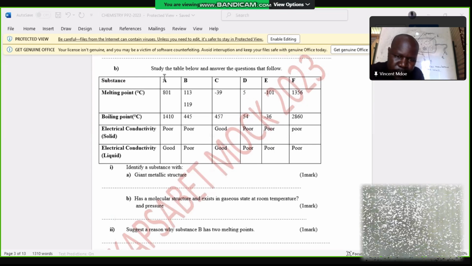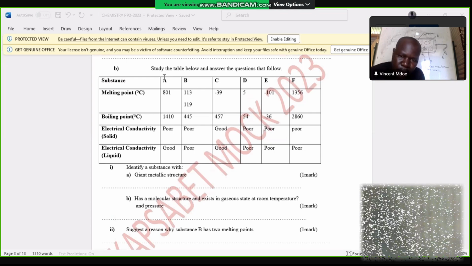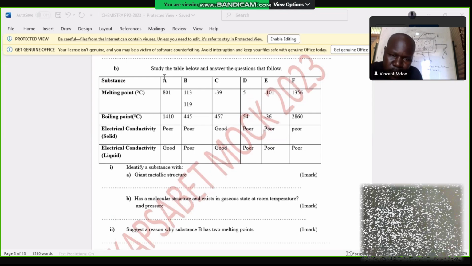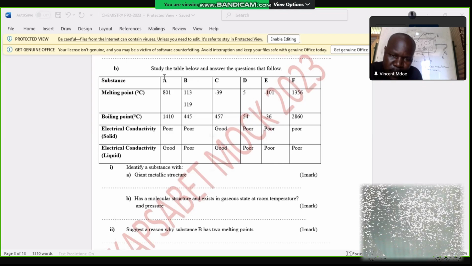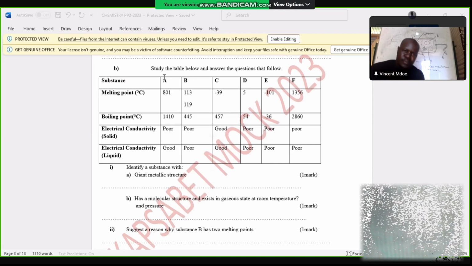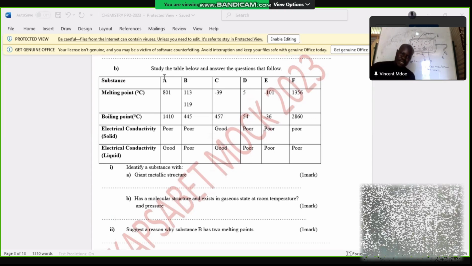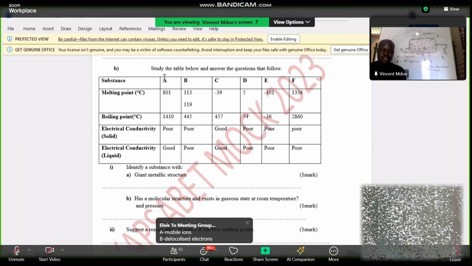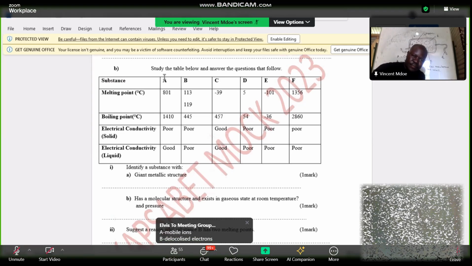Good. Sean Frederick, A conducts electricity using mobile ions, while C conducts using the localized electrons. Good. So we agree that A has what we call a giant ionic structure.